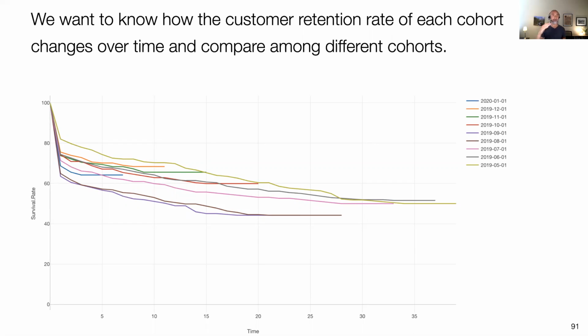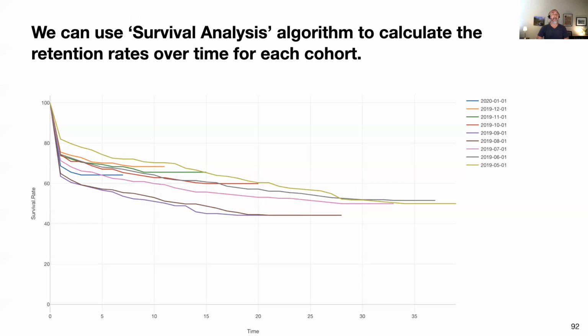Then we can compare among the cohorts and see which are performing better or worse. Another thing we want to know is whether this is getting better, because if it is, that means the product and service are getting better at retaining customers. And we can use a survival analysis algorithm to calculate the retention rates over time for each cohort.